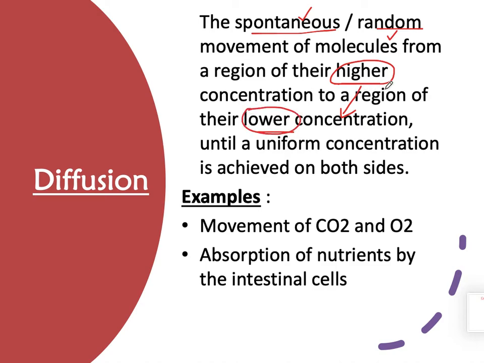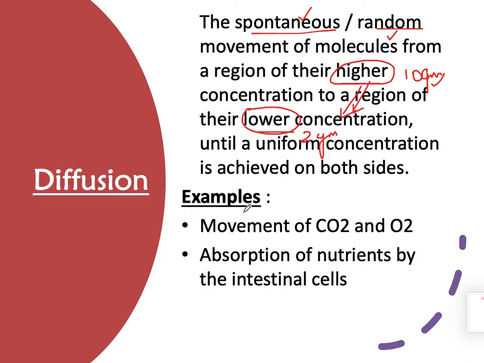So if I discuss that there is salt, 10 gram of salt dissolved in one solution, and 2 gram of salt dissolved in another solution, so one solution has 10 gram of salt which is concentrated, while the other one has 2 grams, so it is less concentrated. So salt will simply start moving from 10 gram to 2 gram till the time equilibrium is reached. So this is basically for making the equilibrium reach.